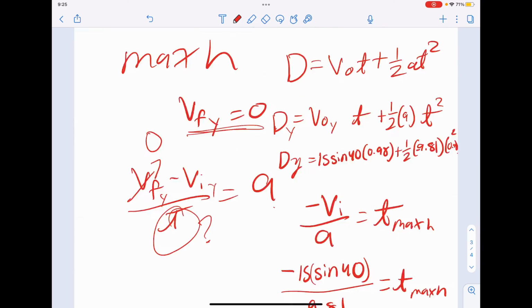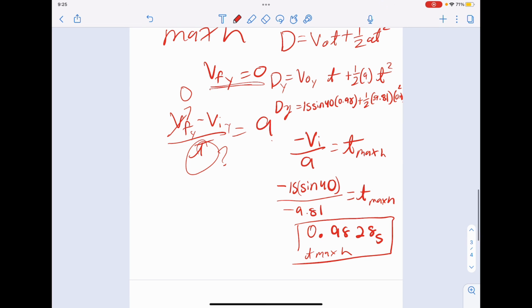I keep dropping the negatives. You end up with your max height being 4.738 meters.